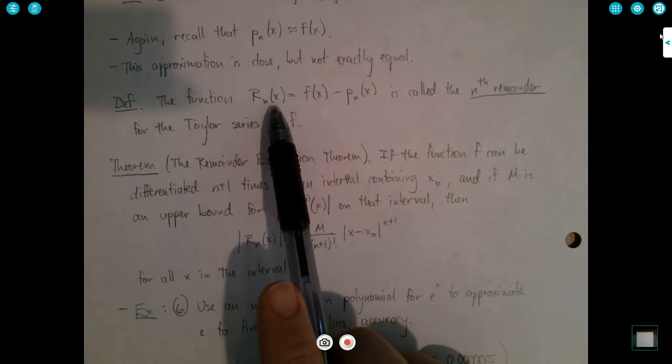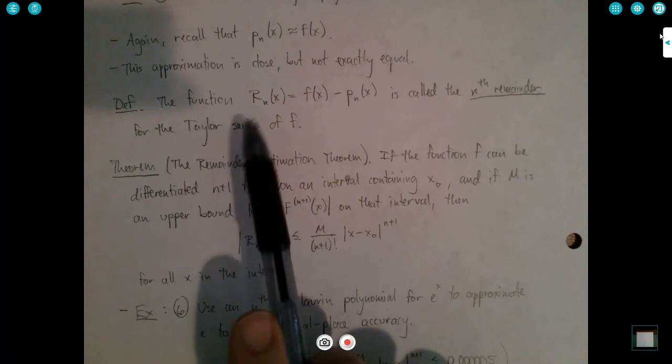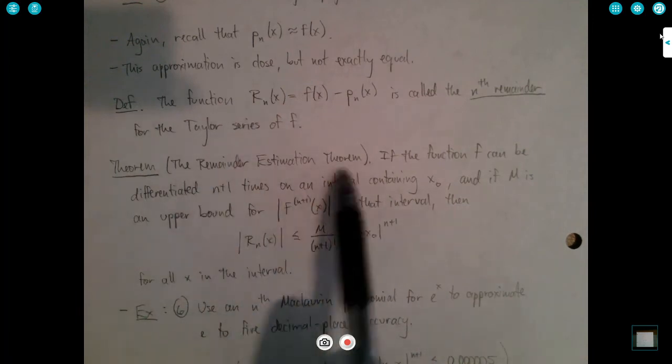Well, we can bound that if we can find a bound for the nth derivative, and that's what this remainder estimation theorem says.